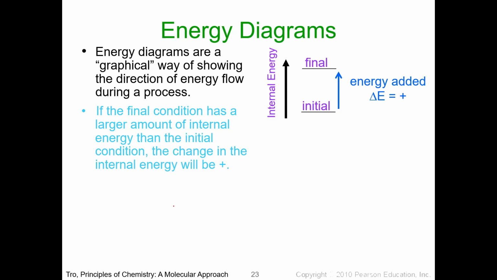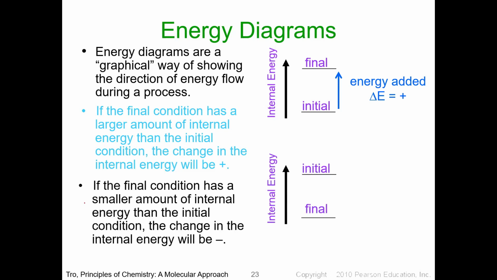So if the final condition has a larger amount of internal energy than the initial, then the change in internal energy will be positive. And if the final condition has a smaller amount of internal energy than the initial condition, then the change in internal energy will be negative.